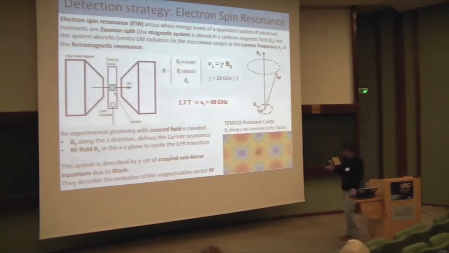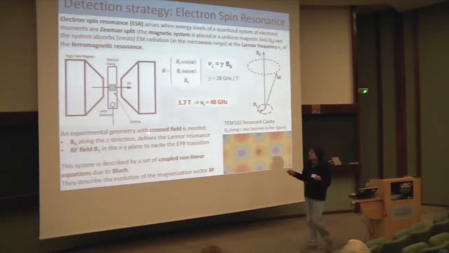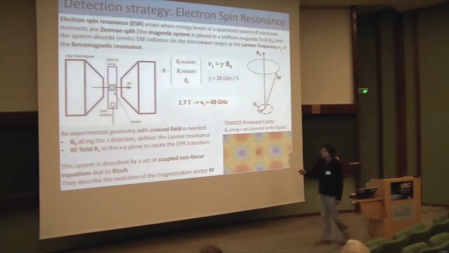And so there is an experimental geometry that has to be fulfilled. You have a static magnetic field in the z direction, supposedly, and this also defines the resonance frequency through its amplitude. Then you have a radio frequency field in the orthogonal plane. Here you can see a source magnet for the static field, and a radio frequency cavity, for example, which provides the radio frequency field.